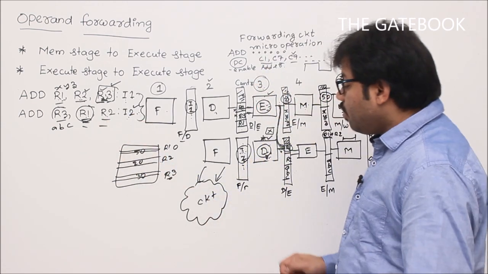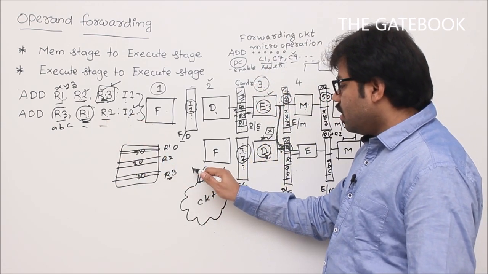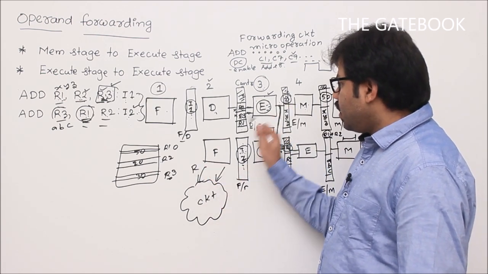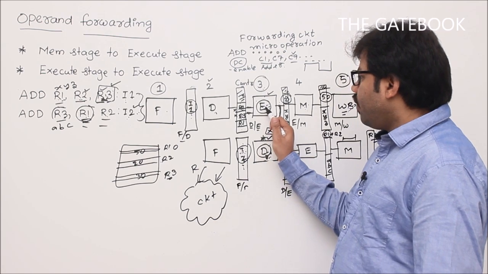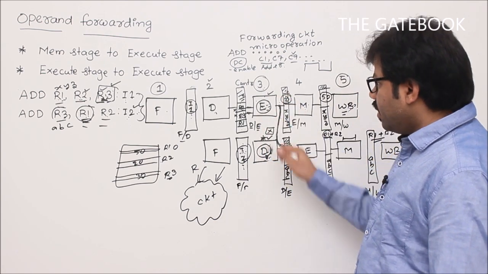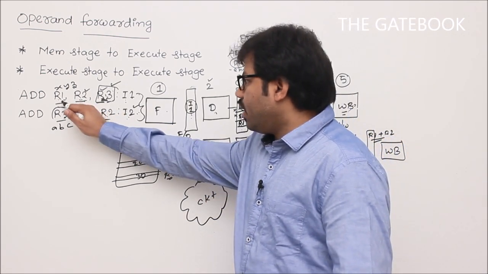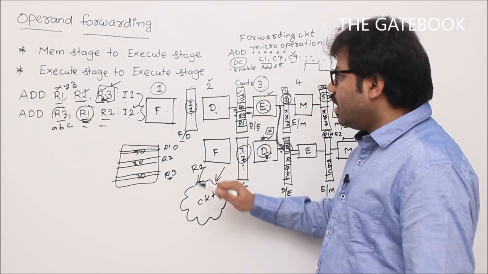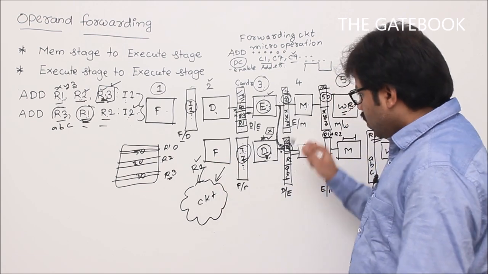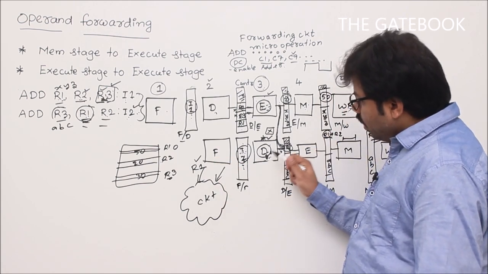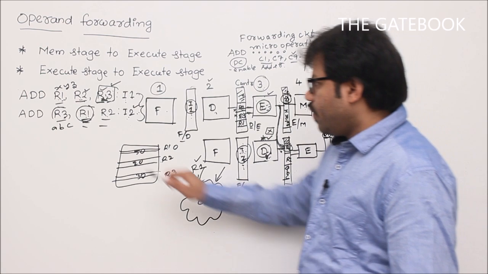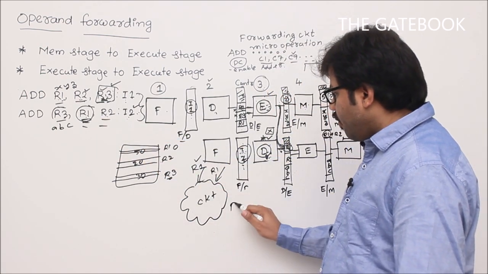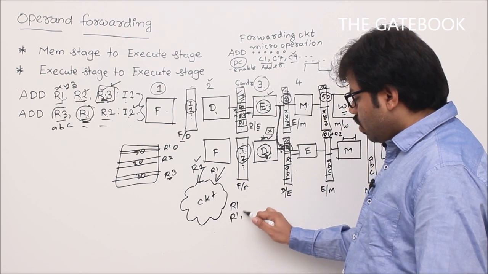The circuit always takes the destination identifier from the execution stage, which at the third clock cycle will be R1, and the source identifiers from the decoder stage, R1 and R2.